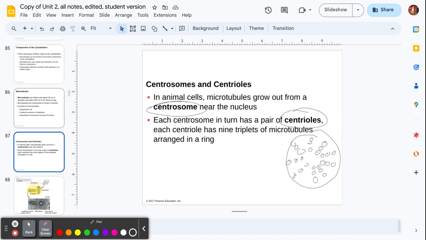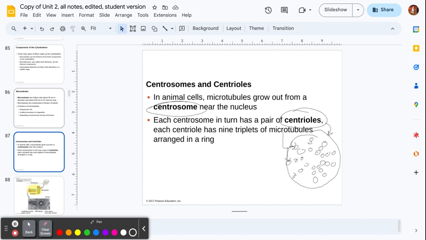So if you just looked at the microtubule from the outside, you just see the microtubule, but it is hollow. And inside, the centriole is made up of these microtubules. So this is the centriole here. And then each one of these little rings is a microtubule.